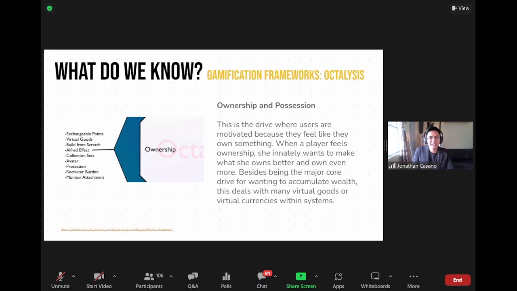Ownership and possession, this is the drive that motivates people to do well if they think they own something. If you own something, you will most probably take care of it. This is the same, sorry, we were just discussing this yesterday night. Pinapangalanan nyo ba yung gamit nyo? If you buy a bag, do you give it a name? I do.